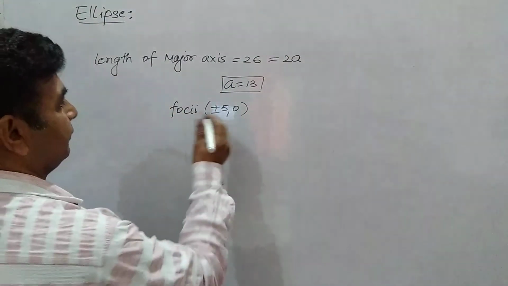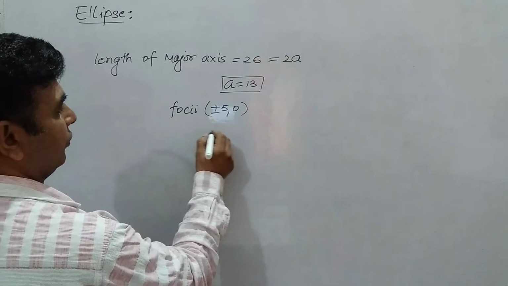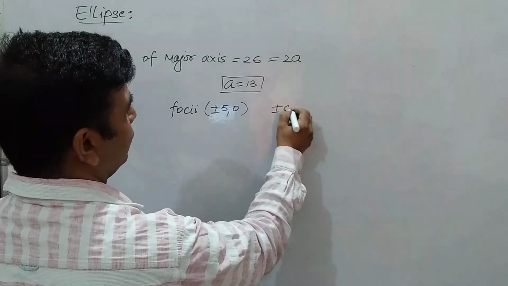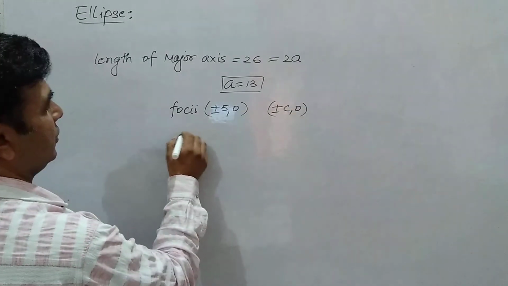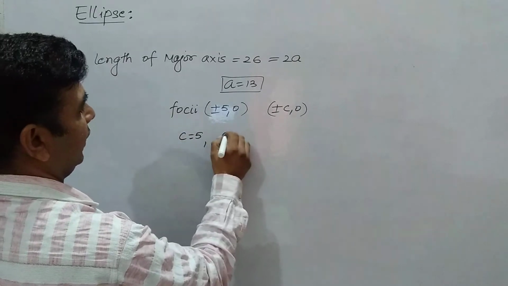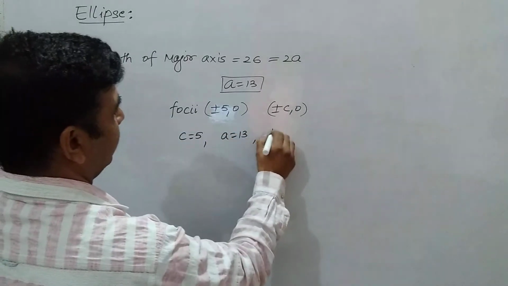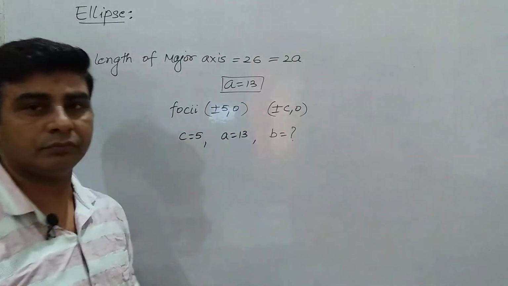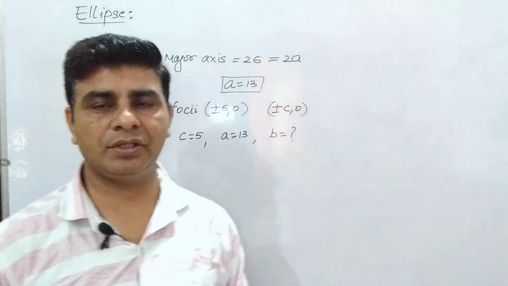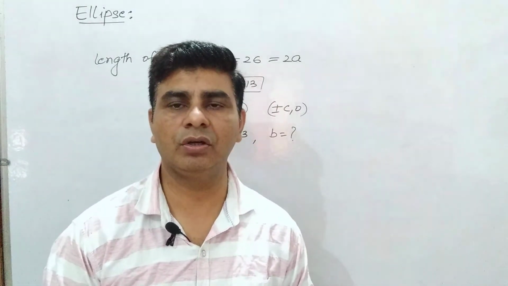So foci are denoted by plus minus c, 0. So the value of c is 5 and the value of a is 13. We require the value of b only. And it is confirmed that this is an ellipse along the x axis.